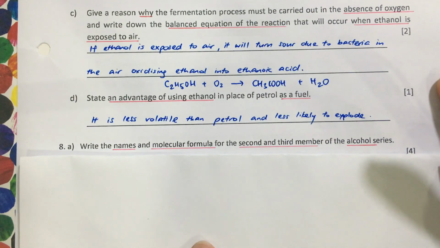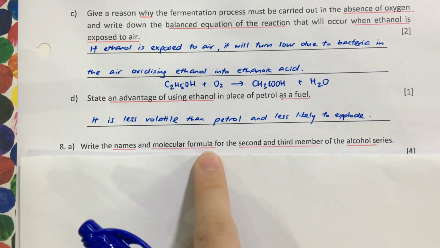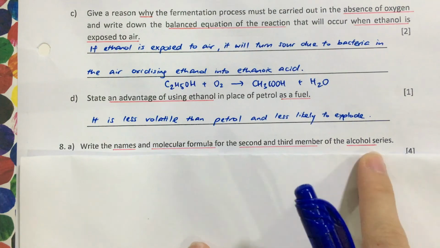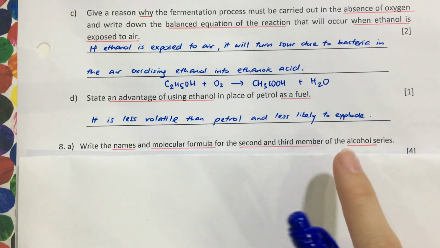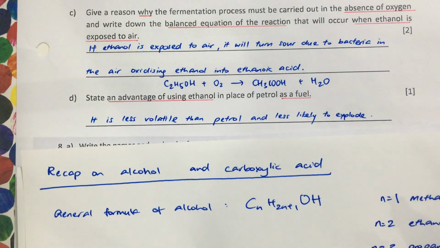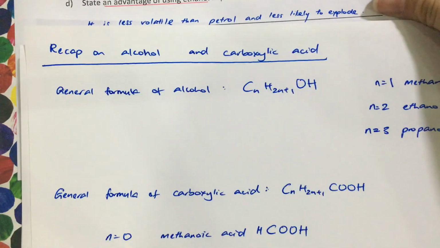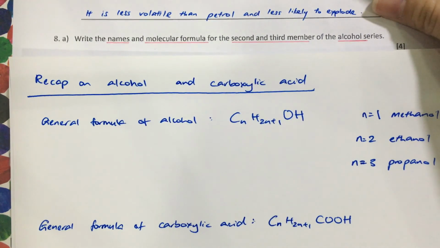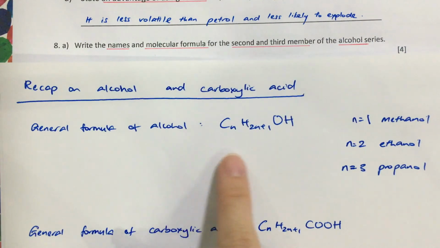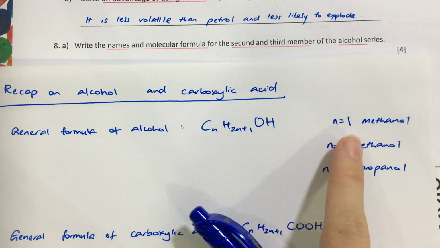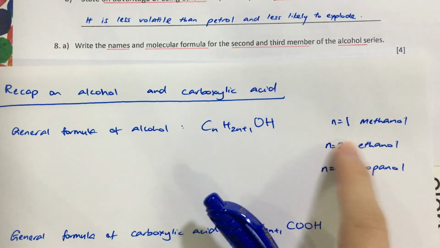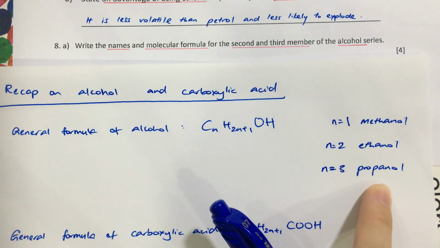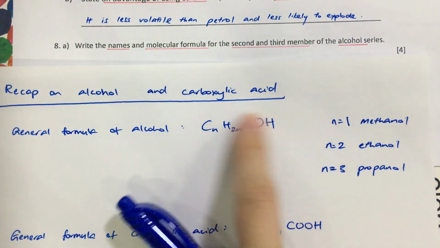Okay, next question. Write the names and molecular formula for the second and third member of the alcohol series. So go back to this again. Okay, we talk about alcohol series. So this is the general formula. They talk about the second and third member. So this is my second member, ethanol, and propanol. Okay, and this would be my general formula.